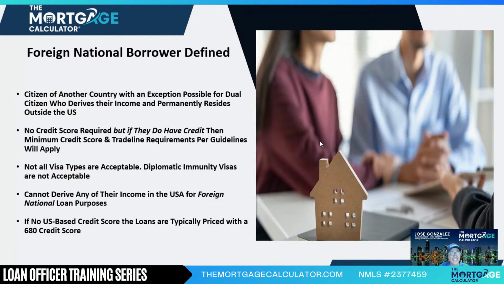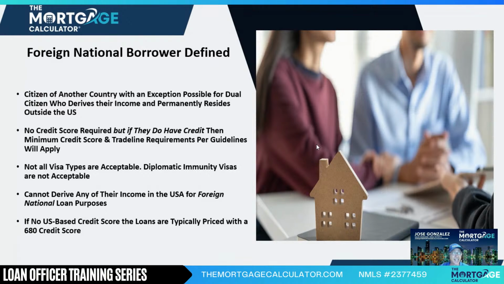So what exactly is a foreign national borrower, right? We always get asked this question every now and then, especially because we have so many different borrower classifications. We have our foreign national borrowers, we have our ITIN borrowers, we have our non-permanent resident alien borrowers and permanent resident aliens and U.S. citizens.